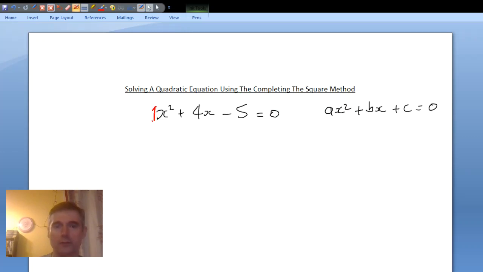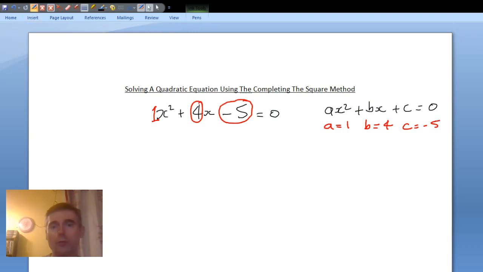So that's a 1 there. So we can say that a is equal to 1. The b is the number that's multiplying the x. So that means that b is equal to 4. And the c is the final term, including the sign. So there it's a negative. So we can say c is equal to negative 5.